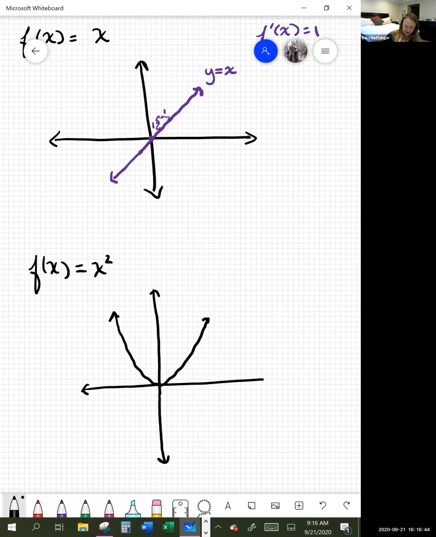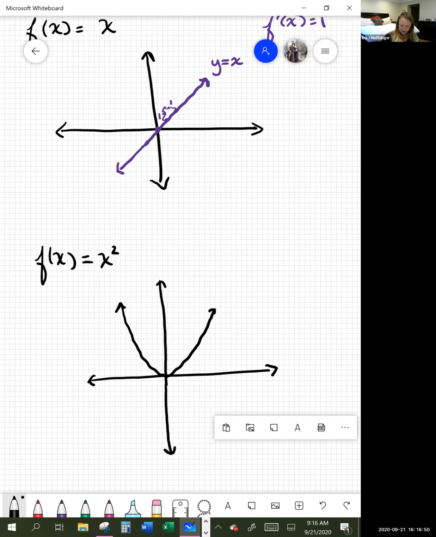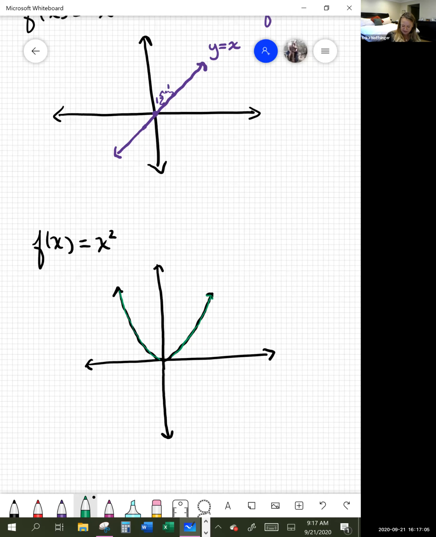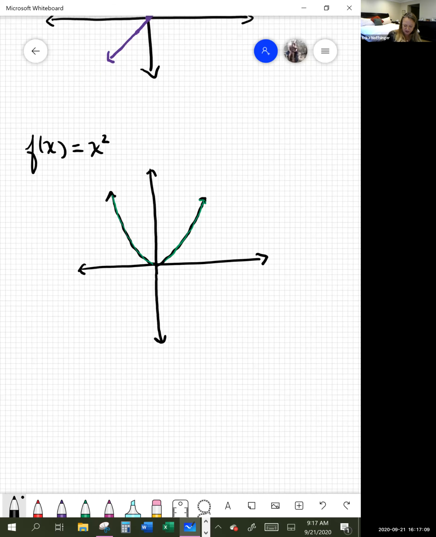We actually just saw that the derivative of this looked like a line. This was a decreasing portion, so the graph of the derivative is below the x-axis, where this was an increasing portion. But let's use the formal definition.